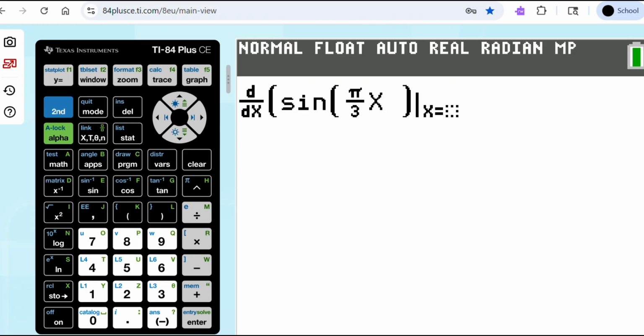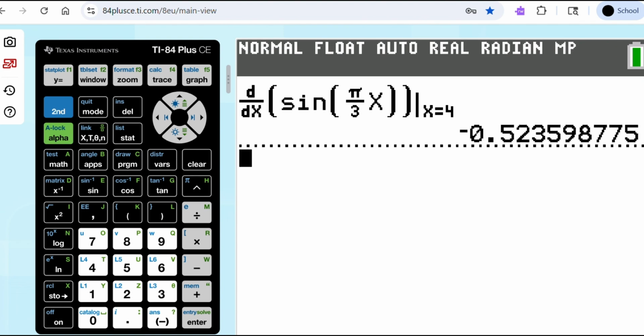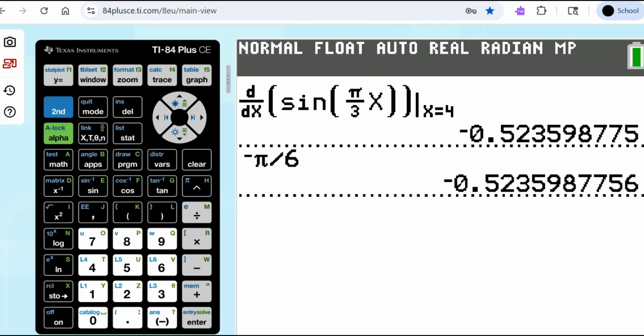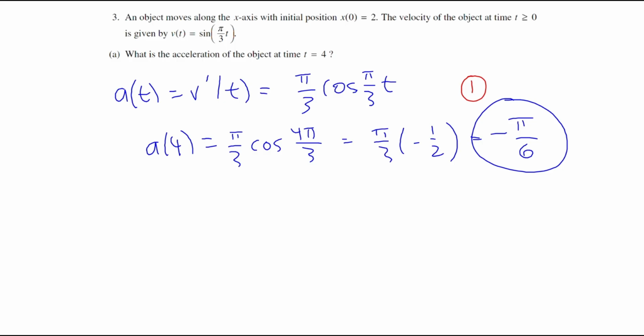Of course, you can put the x in the numerator also. And we wanted this at x equals 4. That gives you negative 0.5235987775, which, if you put in negative pi over 6, you can see are the same thing. Either way you choose to do it, just make sure you round to 3 or more decimals if you do it on your calculator. So 1 point there for part A.